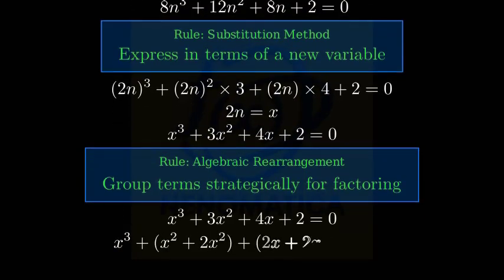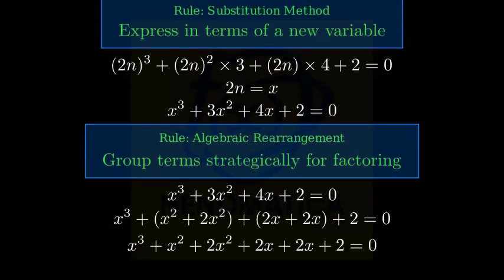Now we'll start grouping terms: x cubed plus (x squared plus 2x squared) plus (2x plus 2x) plus 2 equals 0. Now we continue with our regrouping. We can rewrite this as x cubed plus x squared plus 2x squared plus 2x plus 2x plus 2 equals 0.